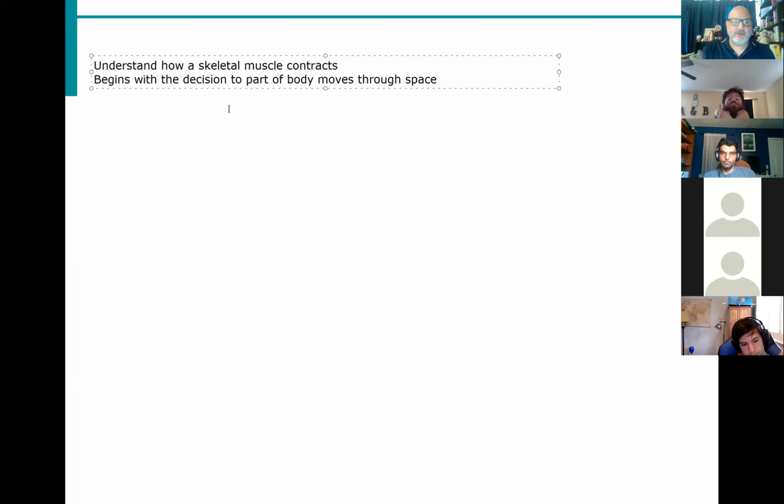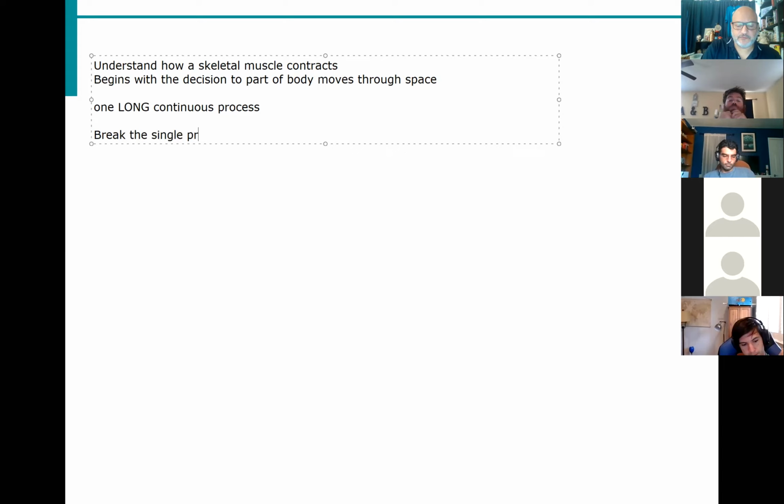This is one long continuous process. It isn't hard. There are just many, many steps. And because there are many, many steps, we are going to break the single process into 3 steps.